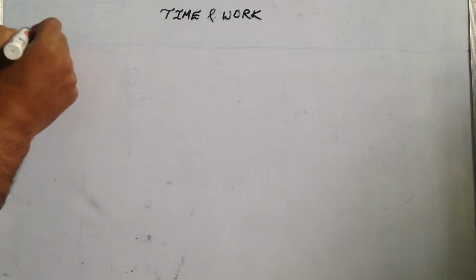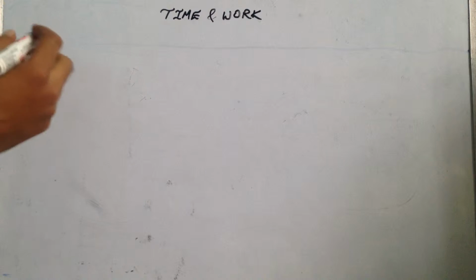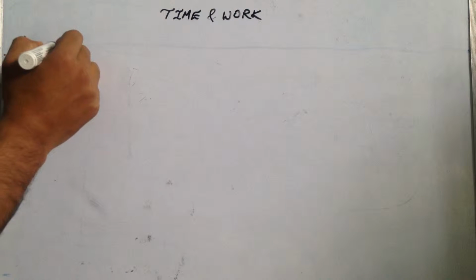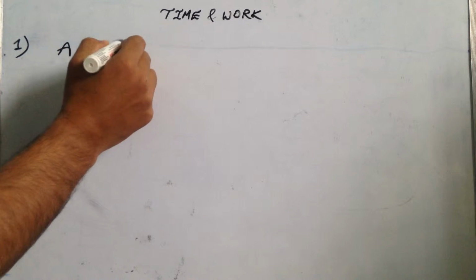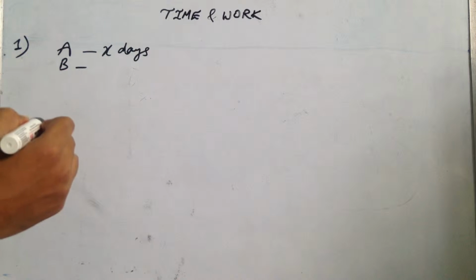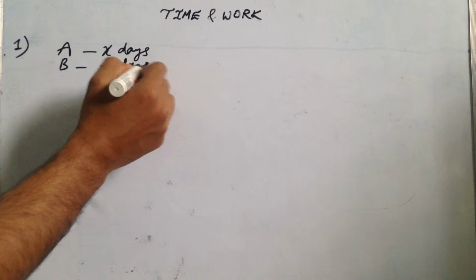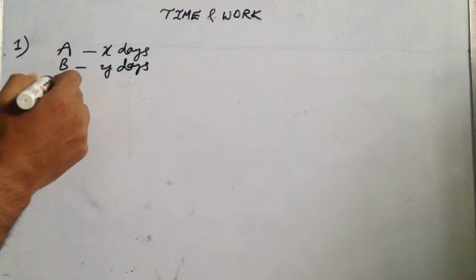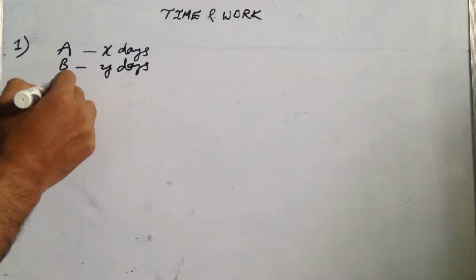The first type is, suppose we are given a question where it is mentioned a person A can do a work in X days and person B can do the same work in Y days, then how many days will they take if they work together?